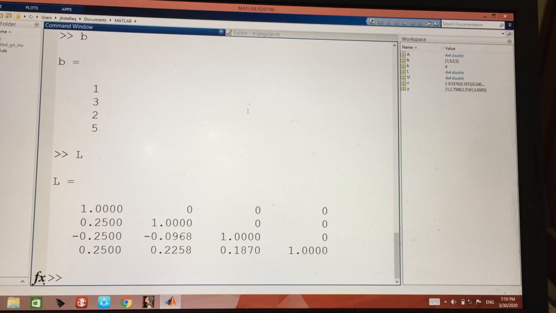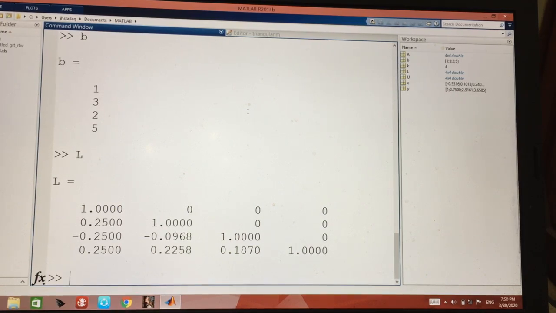Then minus 0.0968, and then here we get 0.2258, okay, and again you get 0 here, and 0 here and 0 here. The third one is 0.187, then 0, 0, 0, and 1.